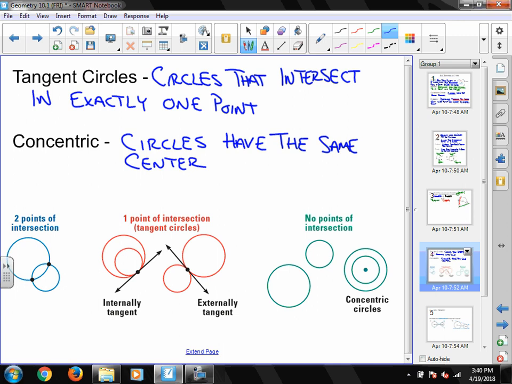If they are two circles that look like you've just smushed them together, like on the right here, they only touch on the outside, we're going to call that externally tangent. And of course, circles don't have to intersect. They can have no points of intersection, which concentric circles are going to have. As you can see here, concentric circles are really just one circle inside of another, making sure that the center is the same point.